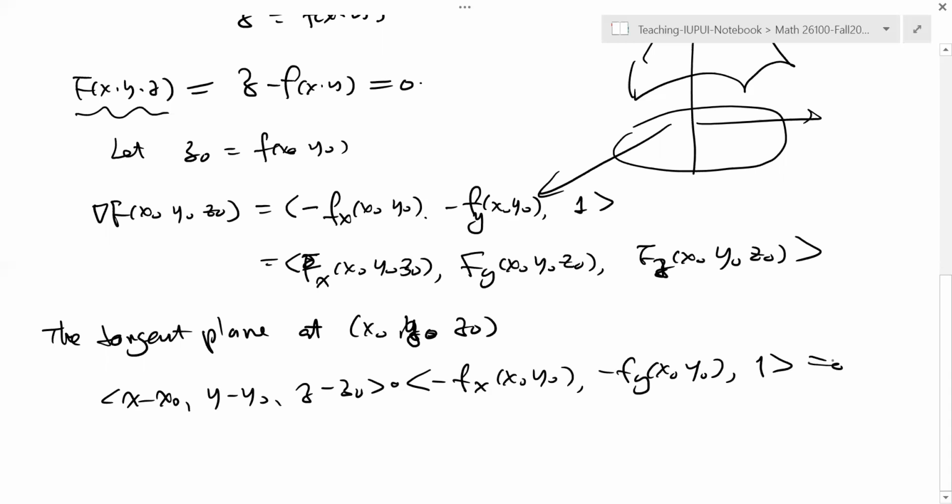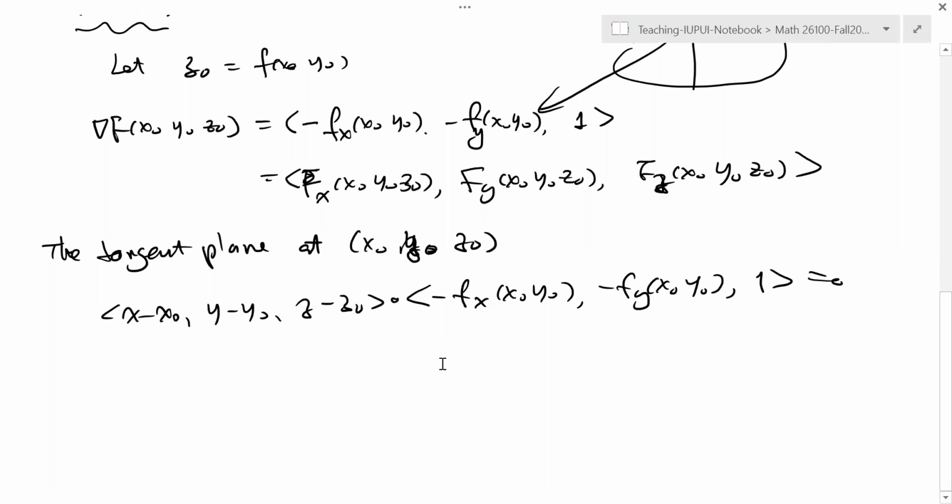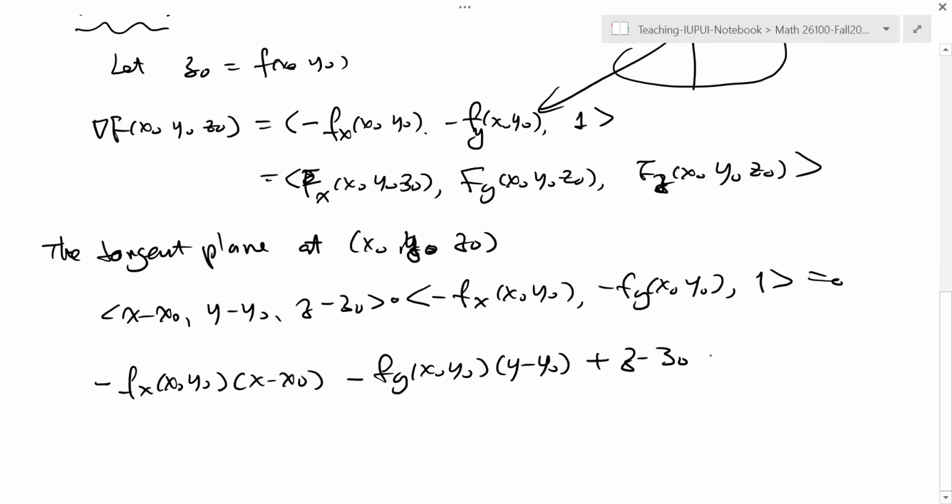And when you multiply this out, what do you get? You will get negative fx times x minus x naught, minus fy times y minus y naught, plus z minus z0, equal to 0. So this is the equation of the tangent plane.